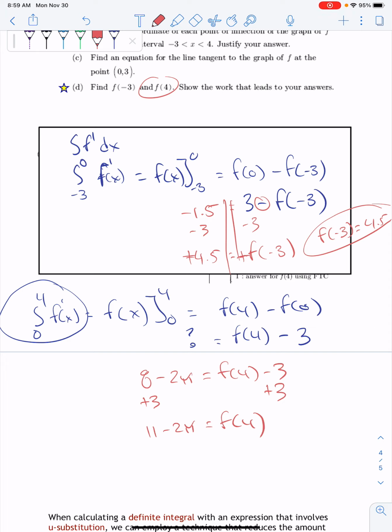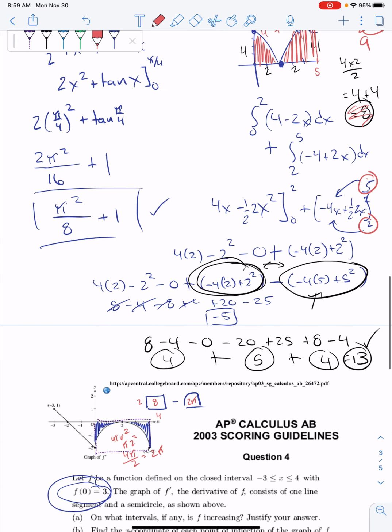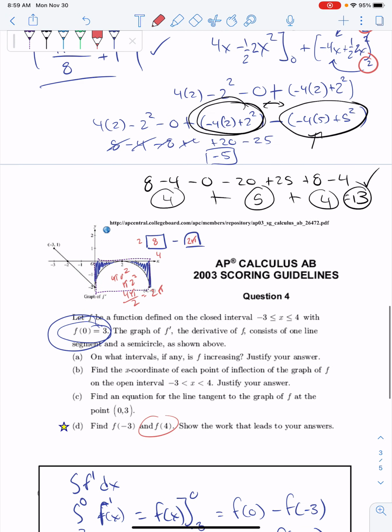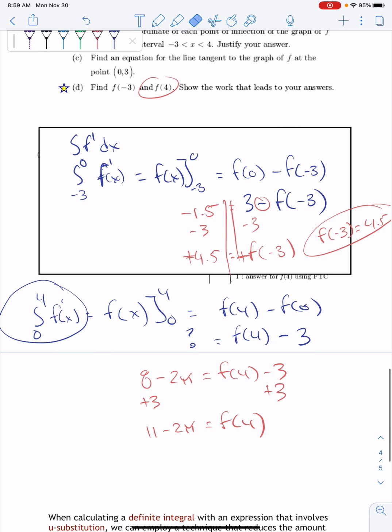And I'm okay with that answer. That looks like a good one to me. No, it doesn't. Because this area is negative. We're under the curve. So that 8 minus 2 pi, we need to come back down here.